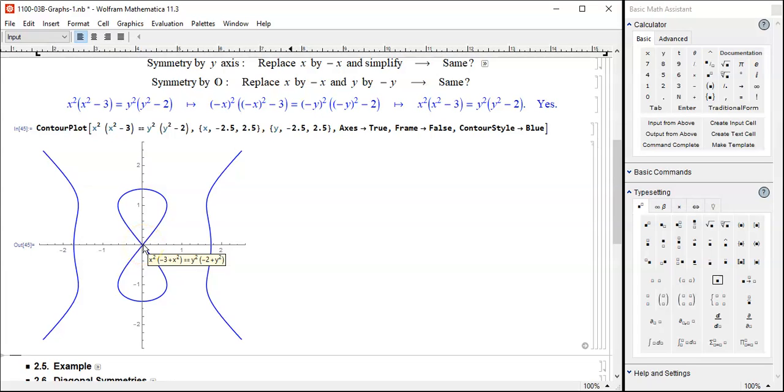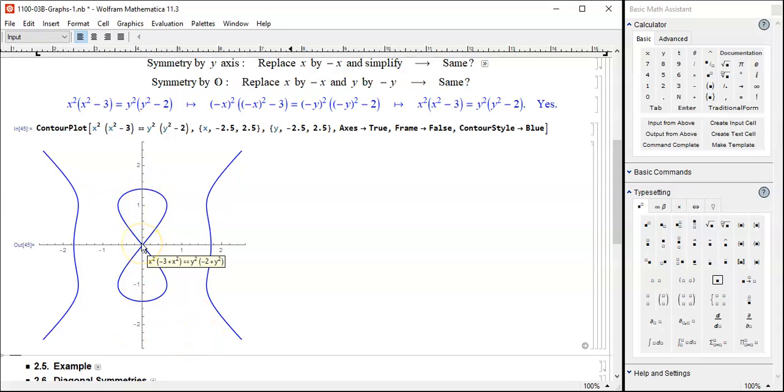Here's the origin, and then take the mirror image with respect to this, not the mirror image, symmetry with respect to points. So any point here, and then draw a line running through the origin, in the opposite place at the same distance, we have to have a point of the curve. Same thing everywhere.